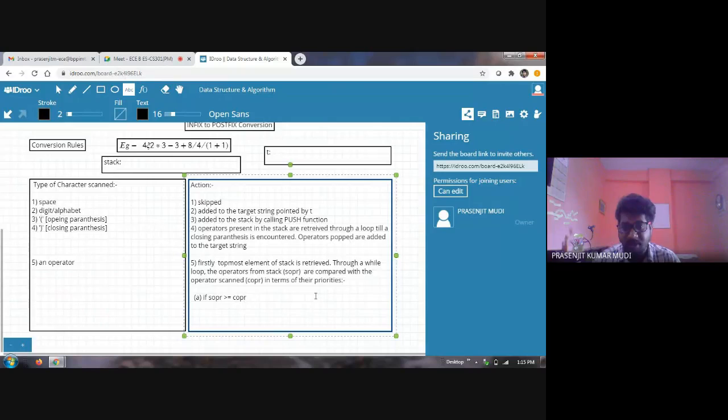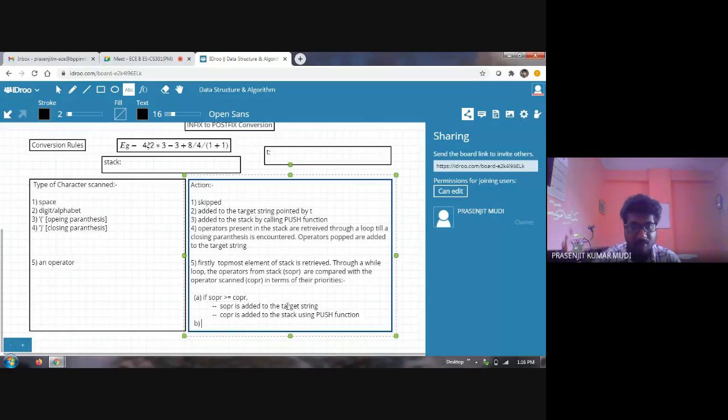Okay, so if SOPR is greater than or equal to COPR, then two things you have to do. One is SOPR is added to the target string, okay, and then COPR is added to the stack using the push function. Okay, so this is the thing.